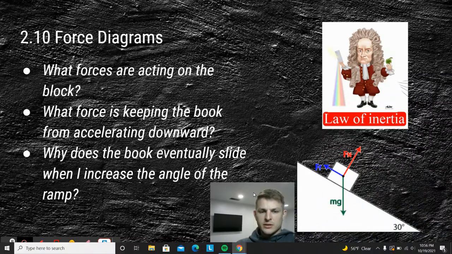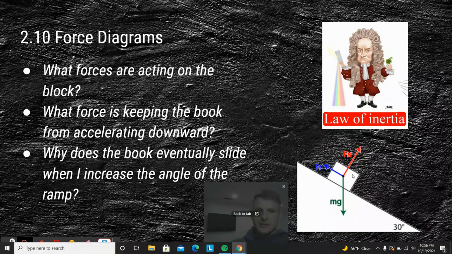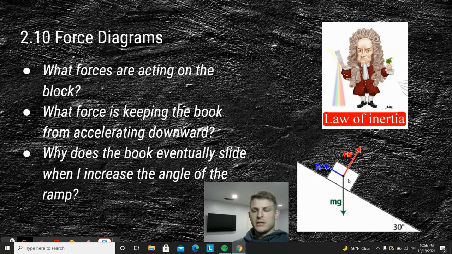To start this out, we're going to look at a little image here. This is a block and it's sitting on an incline ramp. I just want you to kind of picture this yourself.